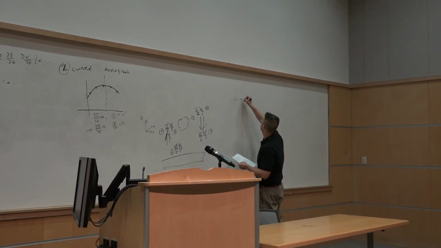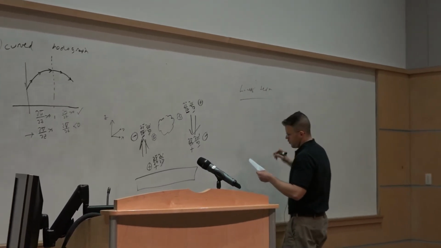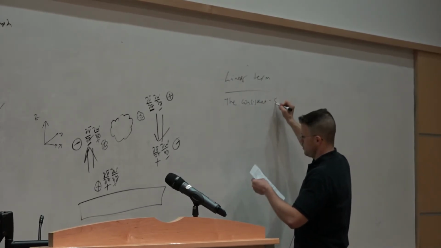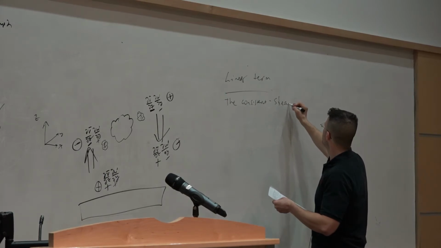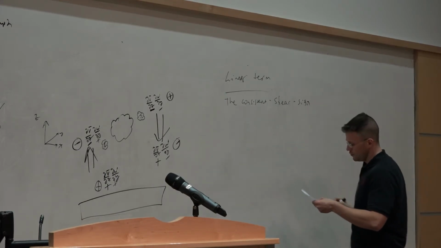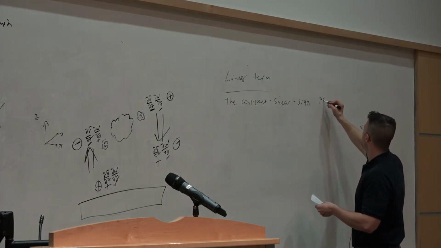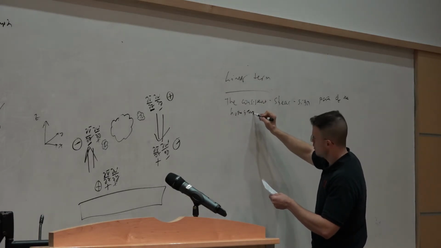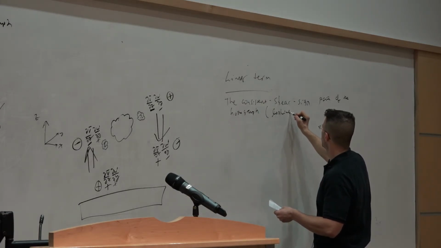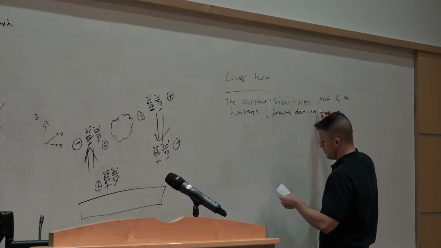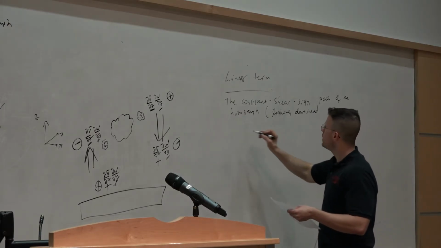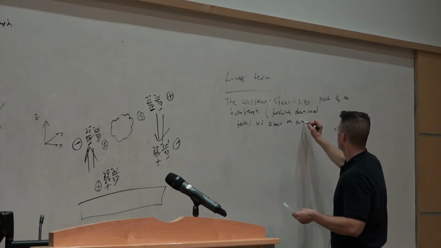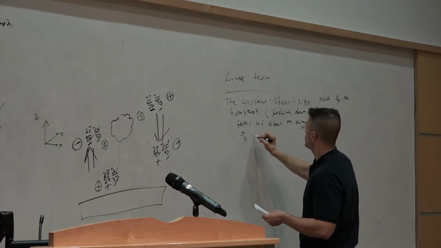So for the linear term, the consistent shear sign, we'll just use this compound adjective over here, part of the hodograph, effectively looking downshear, tells us about the direction of downshear propagation.